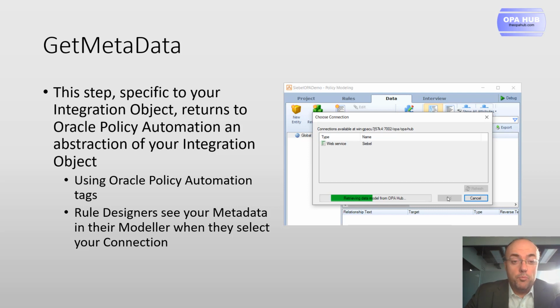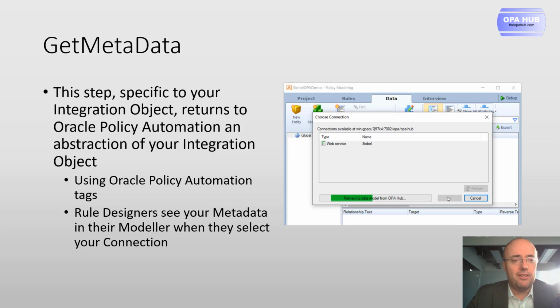By far the most important metadata method is this one, get metadata. Basically, as you can see on my screenshot here, and obviously we'll go into more detail later, when you're a designer of a rule in OPM, you need to have access to information about the Siebel connection. Each Siebel connection represents essentially one integration object, one business object.